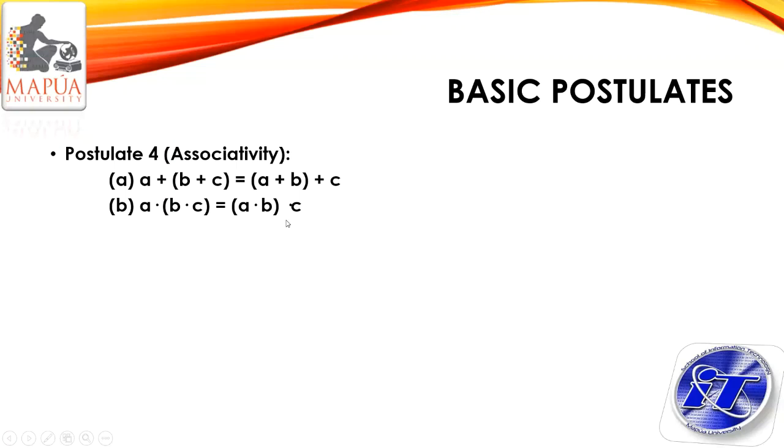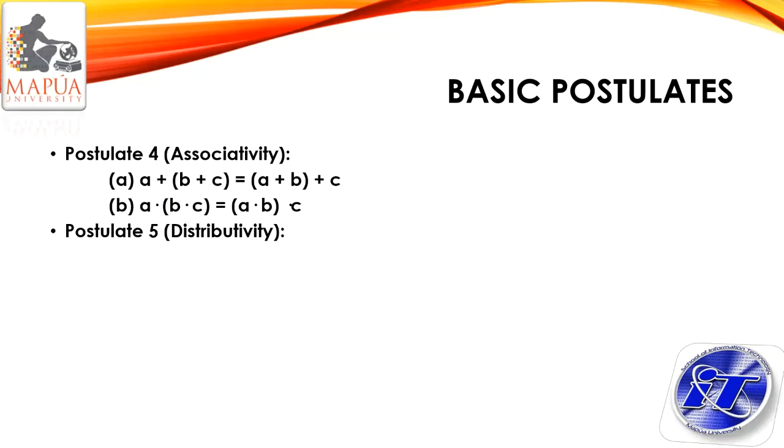Same with this, we could associate C with A. It will not change the meaning. As long as the operators are the same, we could use postulate number 4. But in case we associate an AND with an OR, we could not implement postulate number 4. Don't forget that.